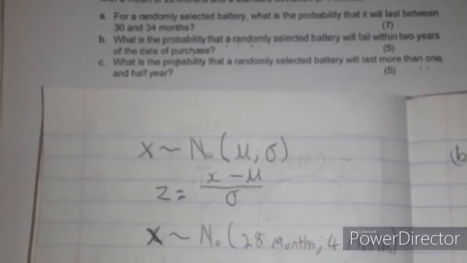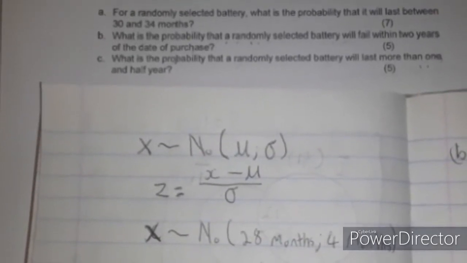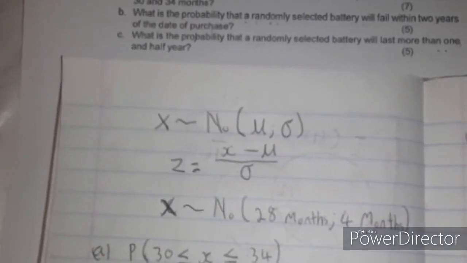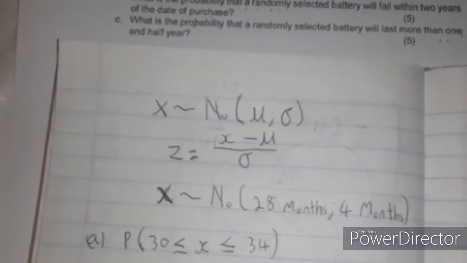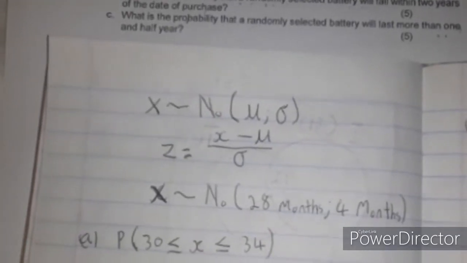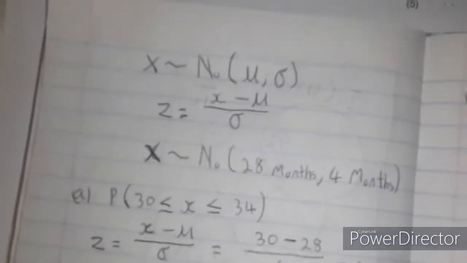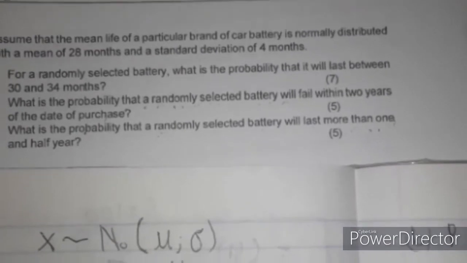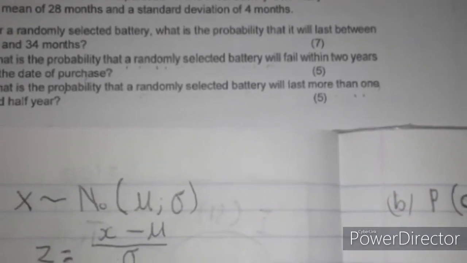But the question says we must calculate the probability that a randomly selected battery will fail within 2 years, which means we must change that 2 years into months.